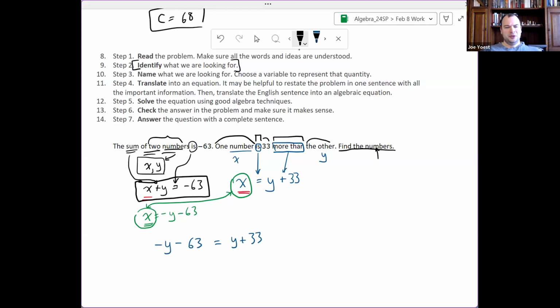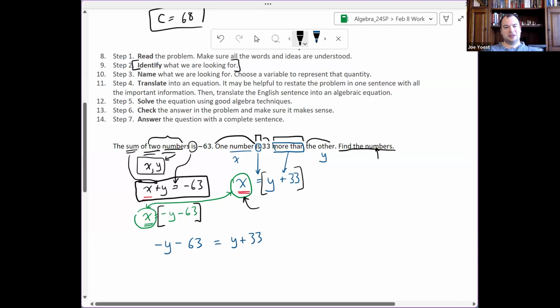Now I have two equations with two variables. I see that my one equation tells me something about X. It says that X is this. If I can solve my other equation for X, then I'll just have two statements about the same thing. In other words, if I subtract Y from both sides in the X plus Y equals negative 63 equation, I get X equals negative Y minus 63.